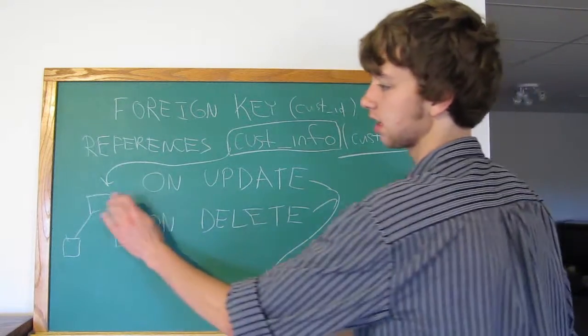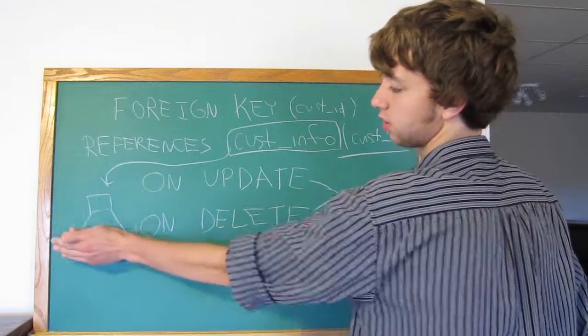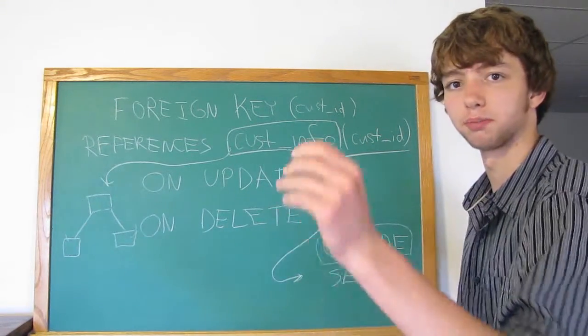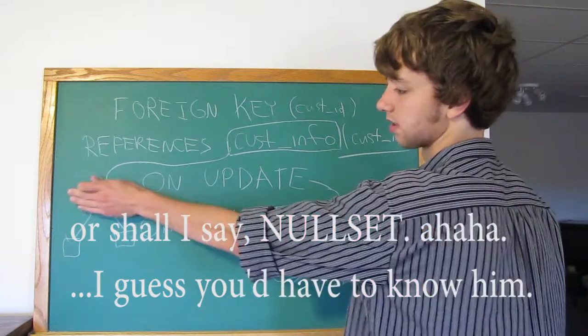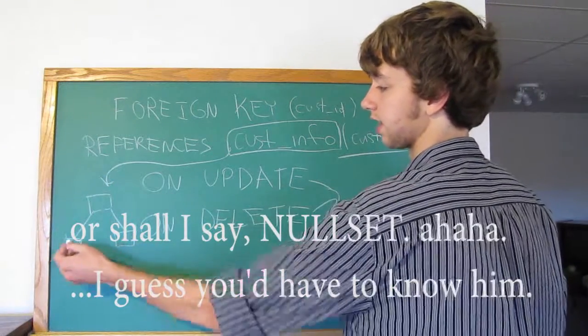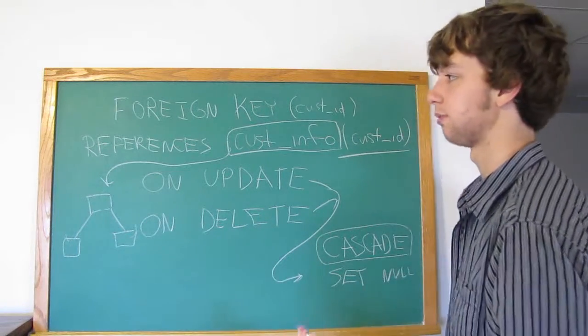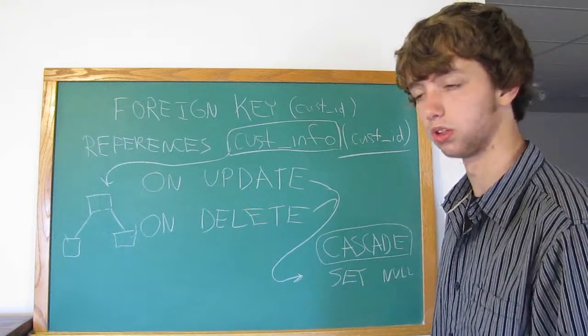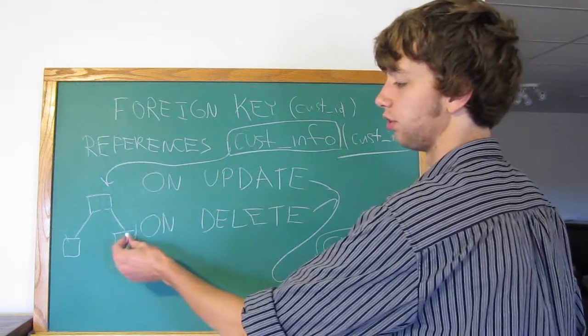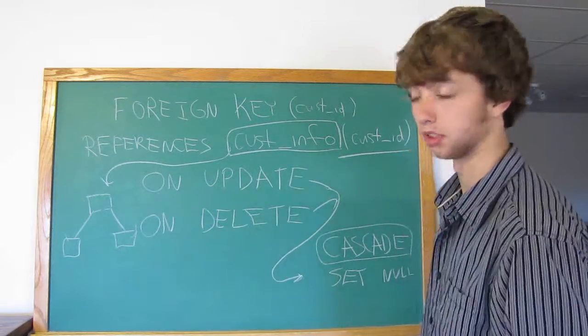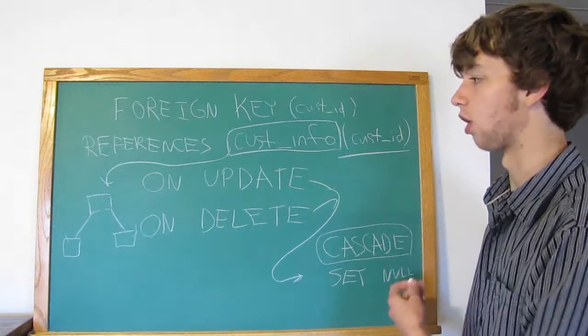So if I delete this table and erase it, these two will disappear too because they reference back to that. Set null, let's say if I delete this table, it'll actually go and set the information for Caleb in these tables to null. If you remember our little guy Caleb, if we erased him, the new information will be null or empty. So these are our options.